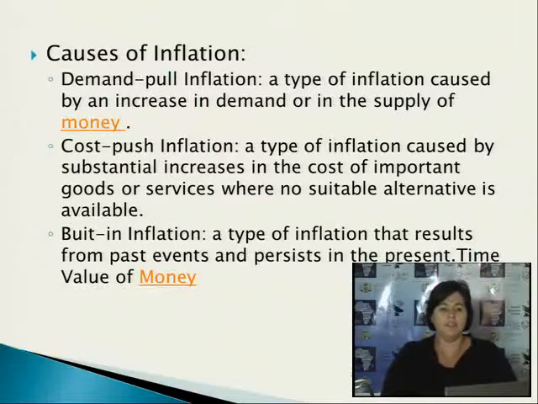The third cause of inflation is built-in inflation. A type of inflation that results from past events and persists in the present. It's called the time value of money. If we look at some countries overseas, example like Italy or mostly Greece last year, in their country they had a big economical problem. And that also is something that caused that country's inflation to increase.